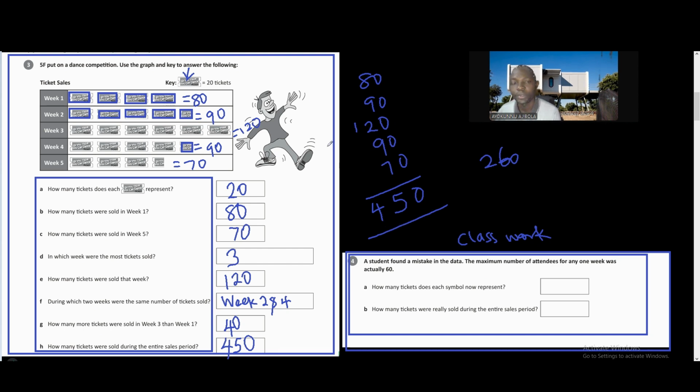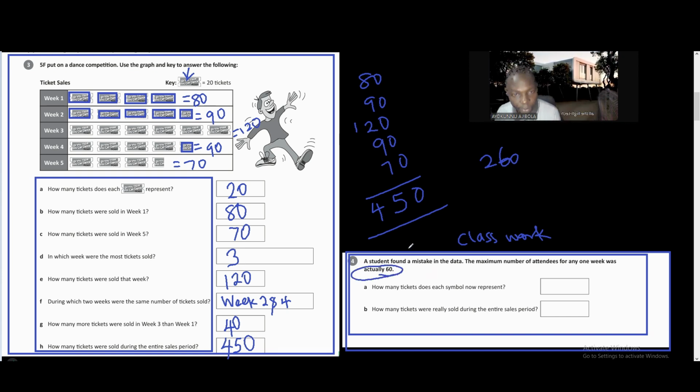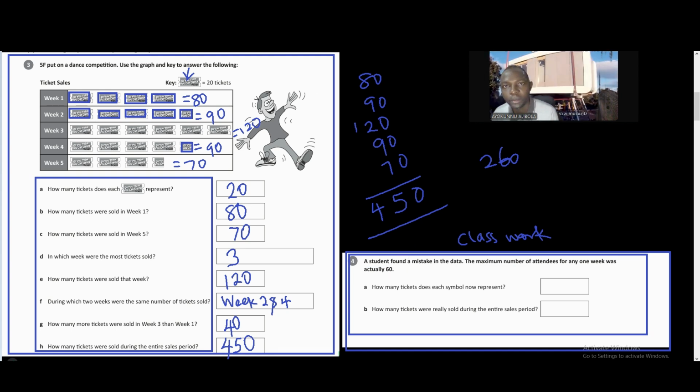Let us say it represents 10, would we get 60 or below? Let's check. This would be 10, 20, 30, 40, 50, 60, 70, 80, 90, 100, 110, 120, 130.